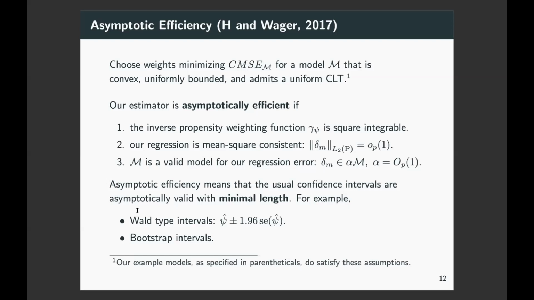We can form Wald-type intervals where we just take our estimate plus or minus 1.96 times the standard error, or we can do the bootstrap, pretty much anything that would work for a sample mean. So if we have these conditions, basically everything becomes pretty easy, and we can do inference straightforwardly.